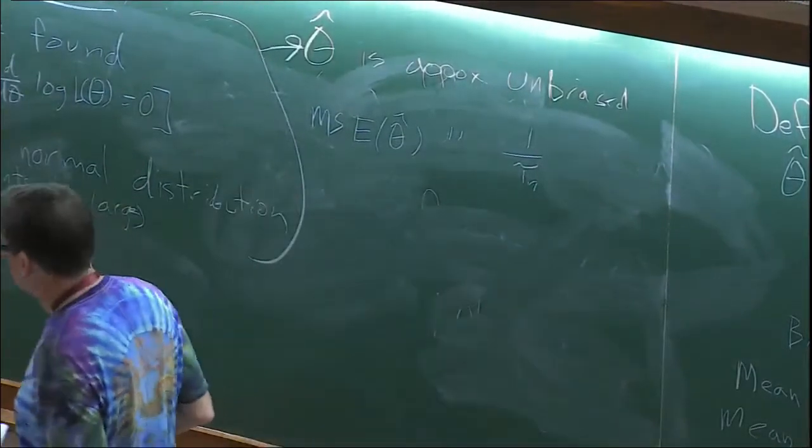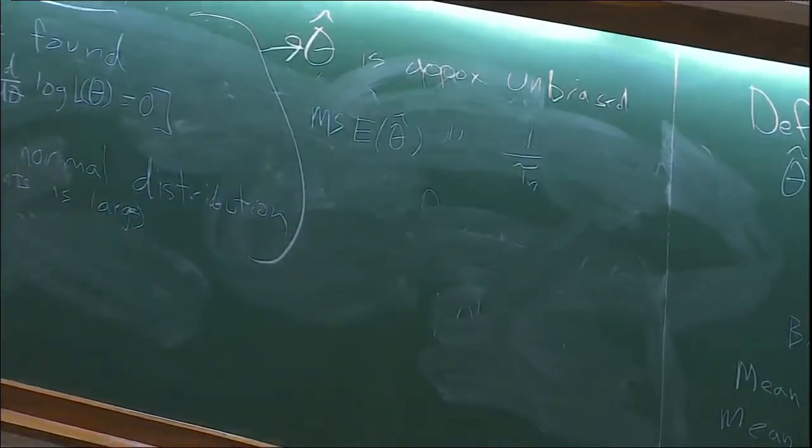Now I'm going to tell you how we get tau sub n in a moment. So this is sort of like the resurrection of what we gave up by going from Bayesian to point estimation. It looked like we were giving up a lot, no more distributions about the answer, but it's not really true.